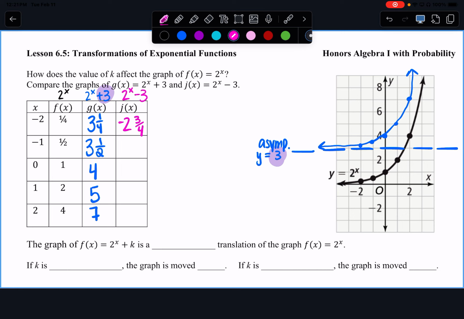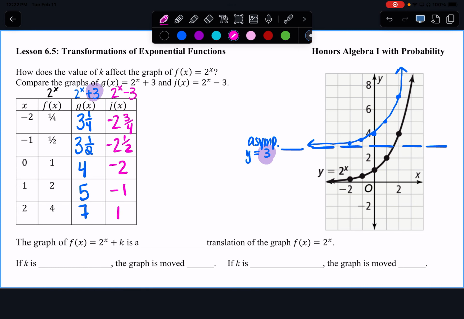My goodness gracious, I can't talk. What is 1/2 minus 3? There we go. All right, what about 1 minus 3? 2 minus 3? 4 minus 3?